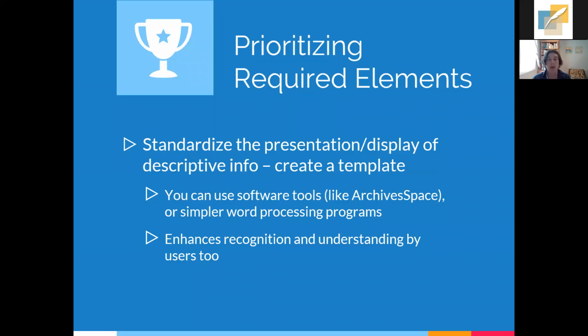It can still be flexible. You can have built in there just what you need. Also, having a template or something consistent helps enhance recognition and understanding by users. So it helps you as the archivist create the description, and it can help researchers and users to understand it.